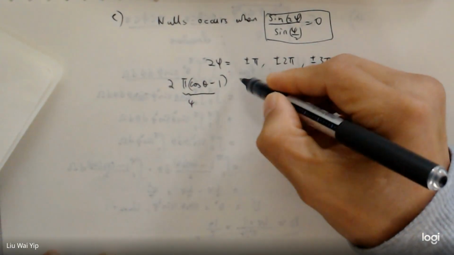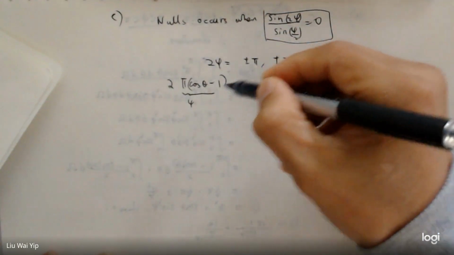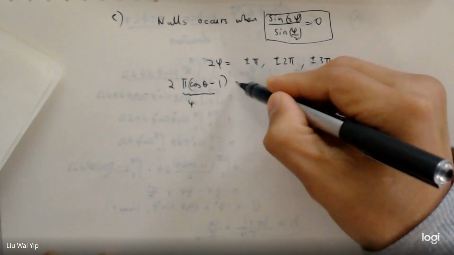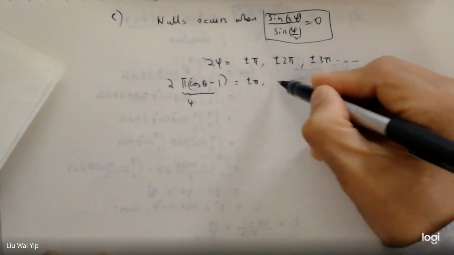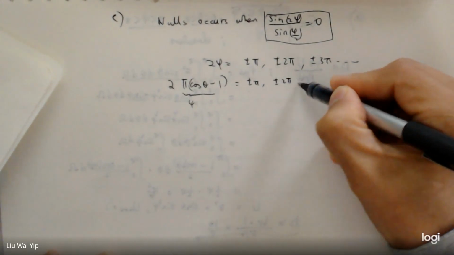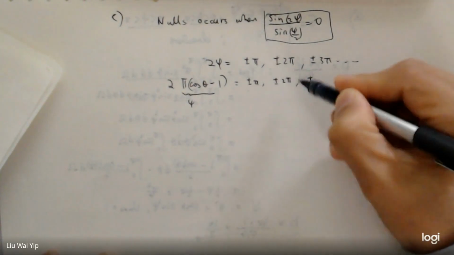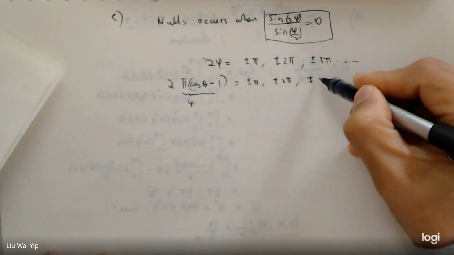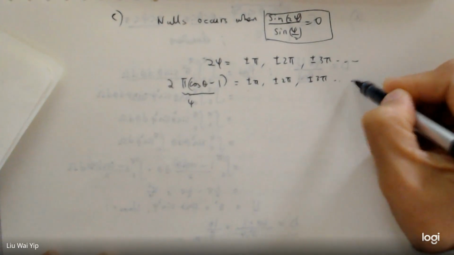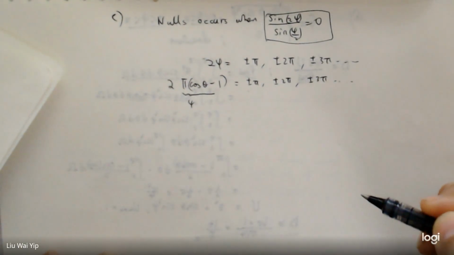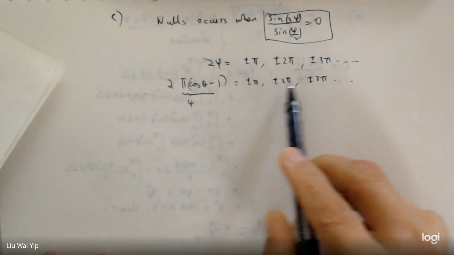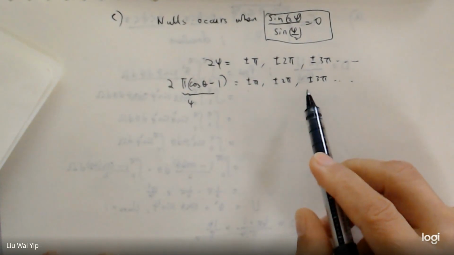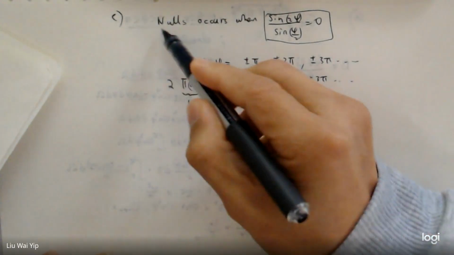And we want this to be equal to plus or minus pi, plus or minus 2 pi, plus or minus 3 pi, etc. So we need to examine each of these individually in order to find all the nulls.